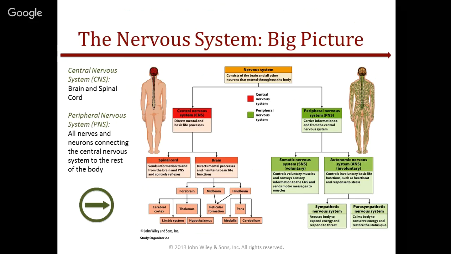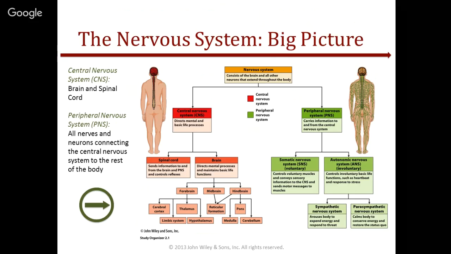Okay, so let's look at it. So you have your main nervous system. If you're looking here at the diagram, you have your main nervous system, and this is where your brain neurons extend throughout your body.